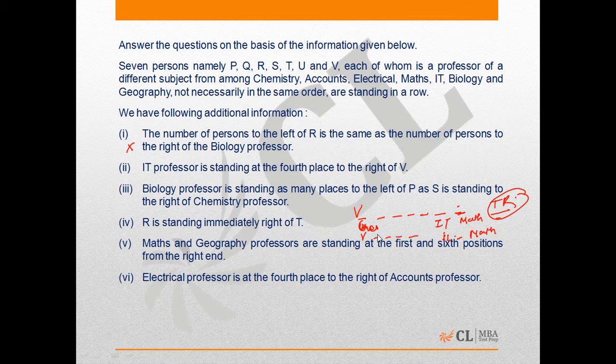Now coming to the last statement, which states electrical professor is at the fourth place to the right of account professor. If this condition is to hold, then only first out of the two discussed cases would be possible, in which leftmost position will be occupied by account professor, and third position from the right will be occupied by electrical professor.